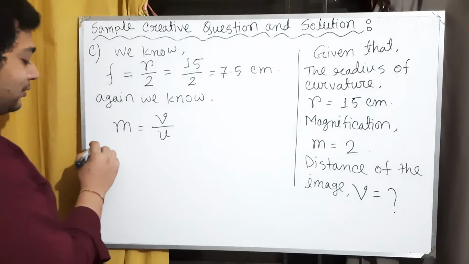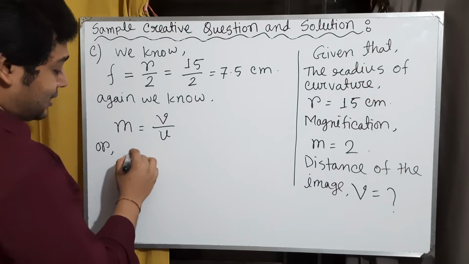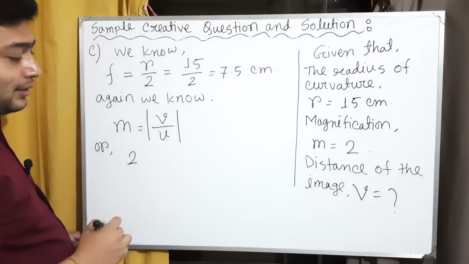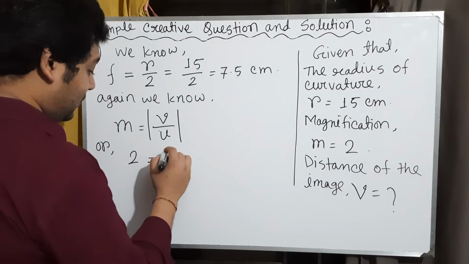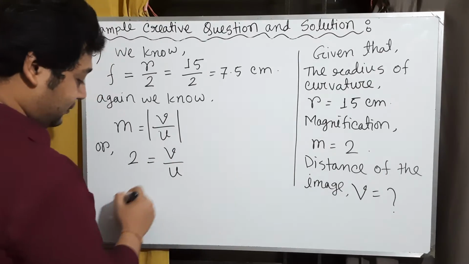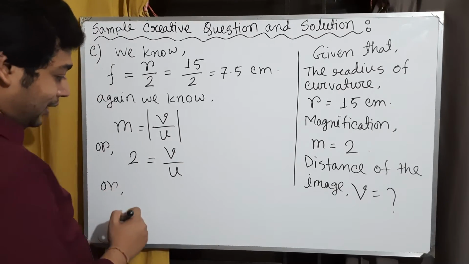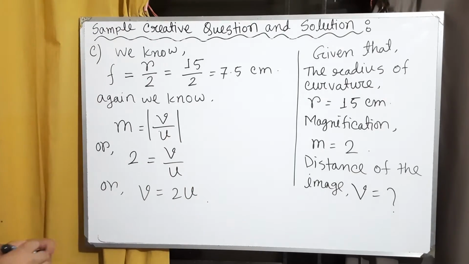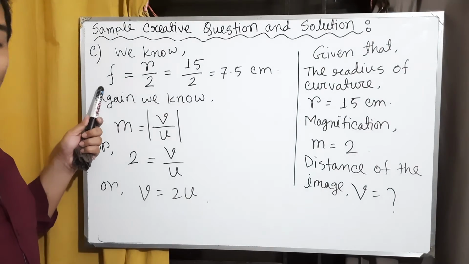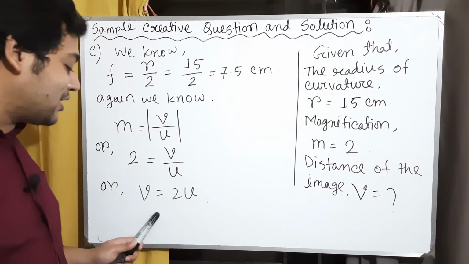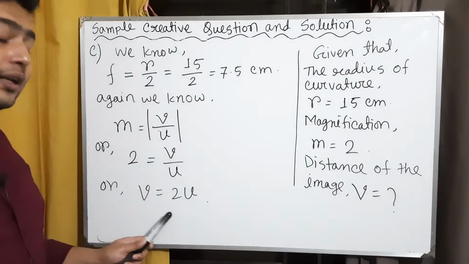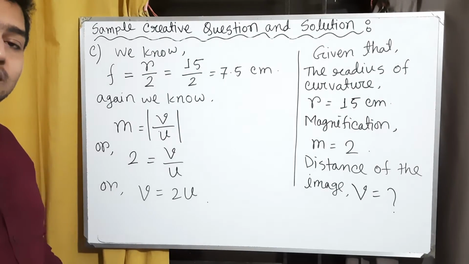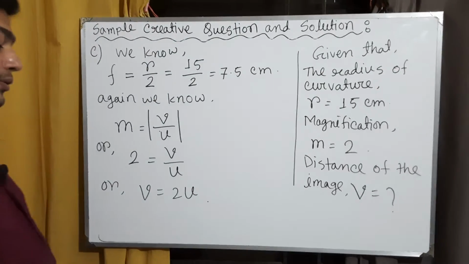Now we can write, using the modulus sign, 2 equal to v by u, or we can write v equal to 2u. So here we get the value of f and the relation between the distance of the image and the distance of the object.